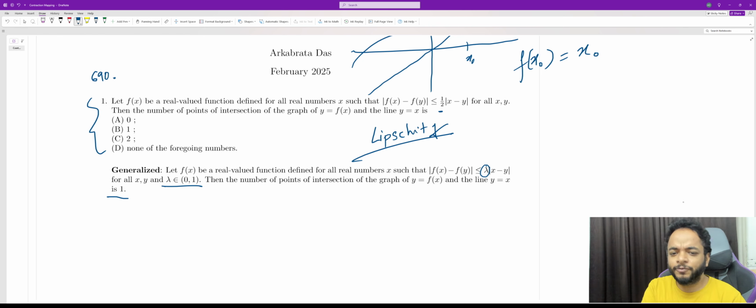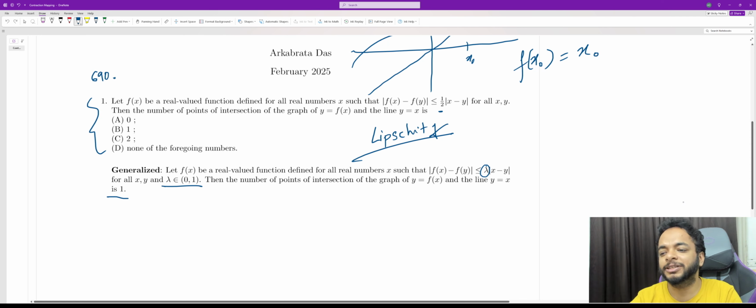For grad students, you must know what uniformly continuous is. Coming back to the problem, for a Lipschitz function lambda doesn't have to be strictly between 0 and 1, just strictly greater than 0. But our problem is a special problem with a special property, so we require lambda to be between 0 and 1.